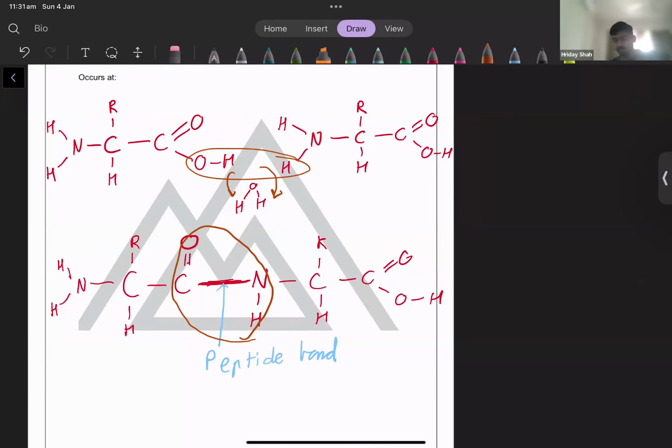Do any of you do chemistry by any chance? If you do chemistry, you will do the same type of bond in chemistry. However, you'll give it a different name. You'll call it an ester bond. You are not allowed to use that terminology in bio. So even though it's the same bond, you will have a different name for it in bio and a different name for it in chemistry, and you'll need to separate the two subjects out.